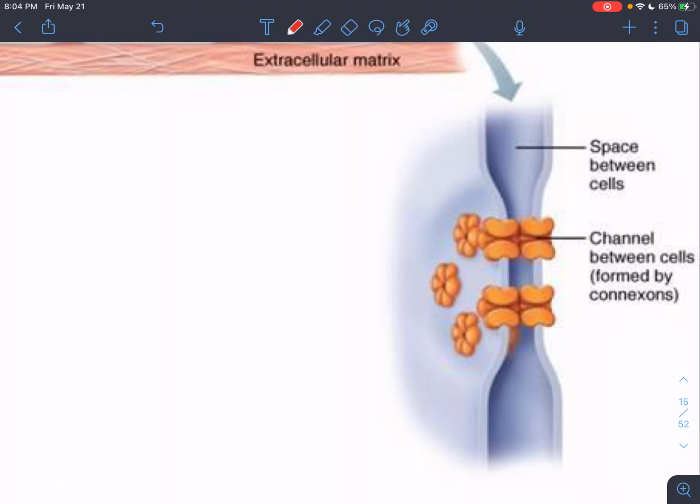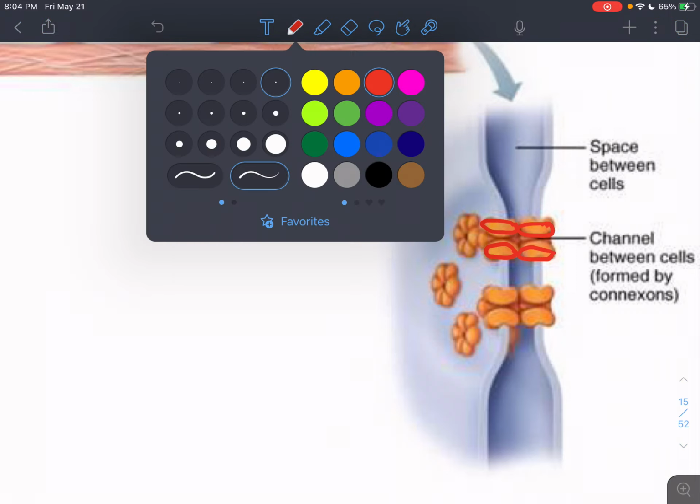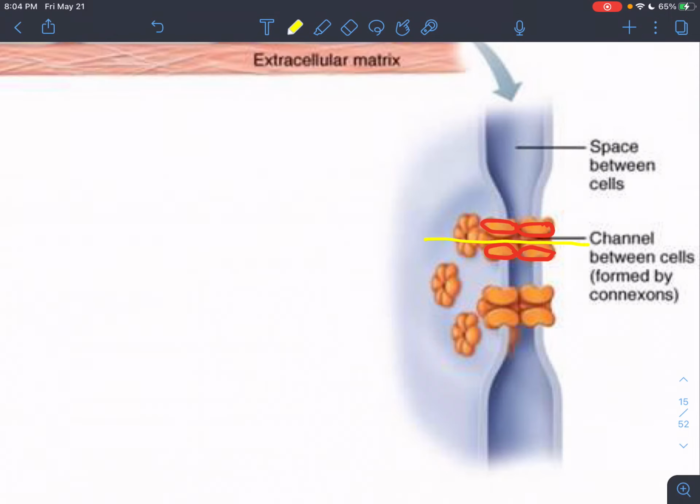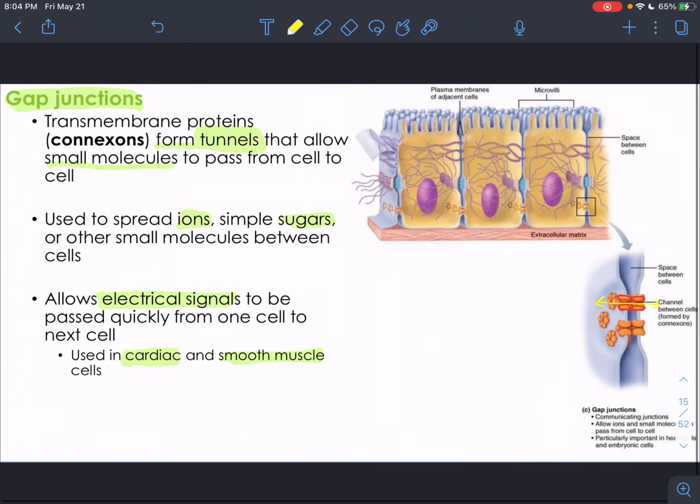So you see that you have the integral proteins on each plasma membrane, and together they form a channel so things can move between cells. So the ions we need for contraction to happen of our cardiac muscle, these gap junctions allow those ions to be passed rapidly so that communication can happen quickly.